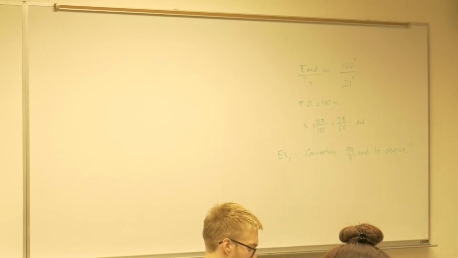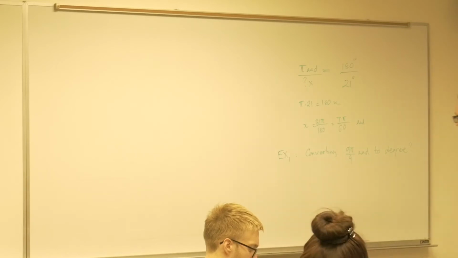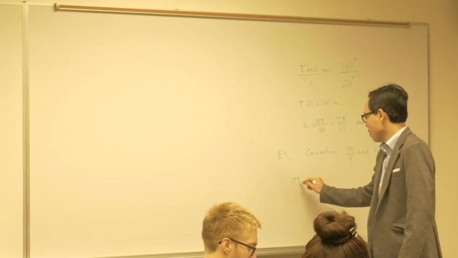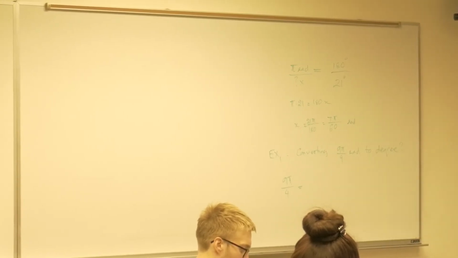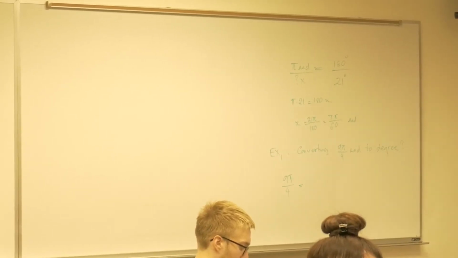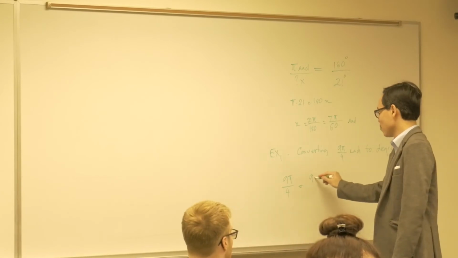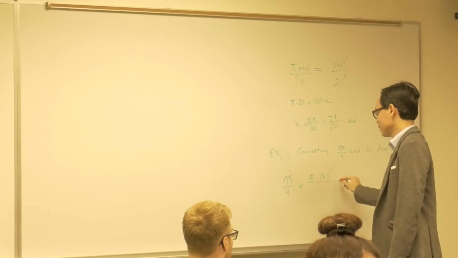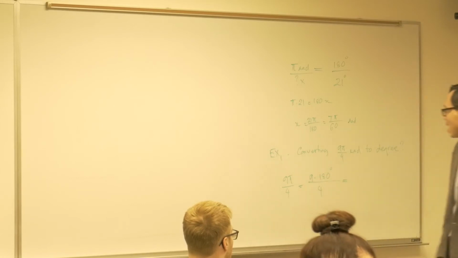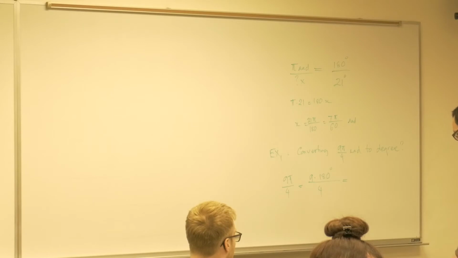So there are two different approaches here. You can set up the proportion, same thing, okay? But this one is faster. 9 pi over 4 is equal to, pi is what? Pi is 180 degrees. So you just go ahead and replace the pi symbol with 180 degrees. And here you go, you will have your answer in degree mode.